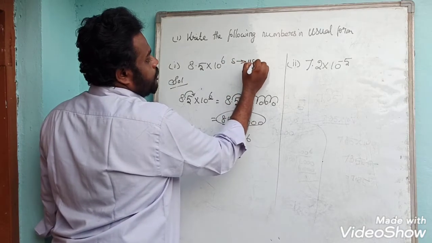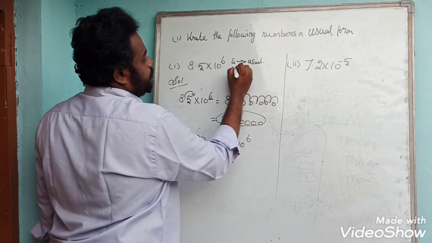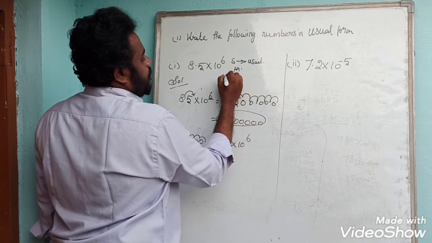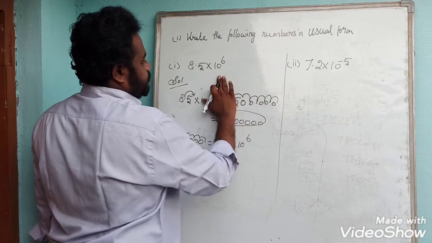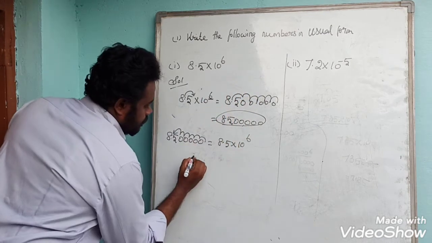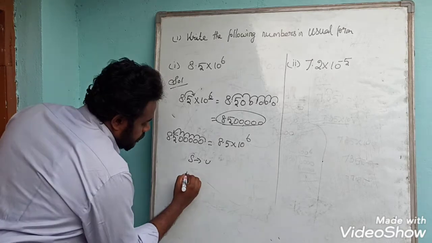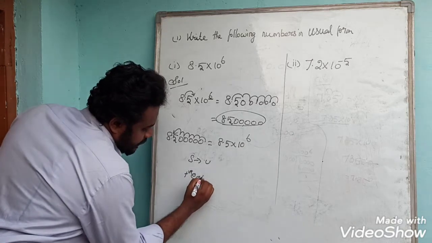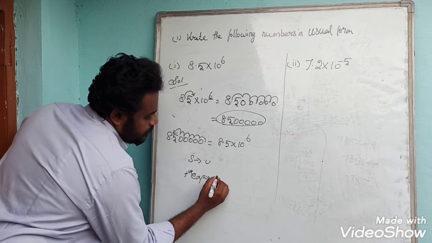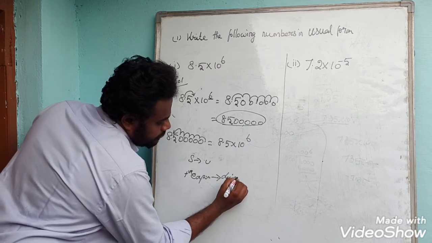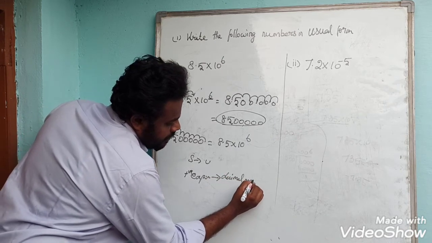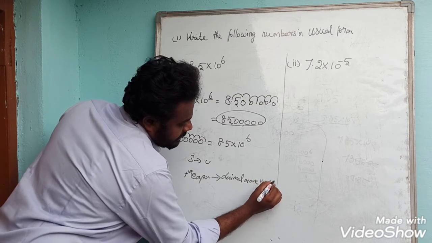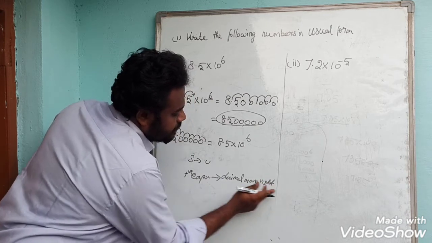Scientific to usual form, positive exponents, the decimal point moves right. This is the shortcut method.